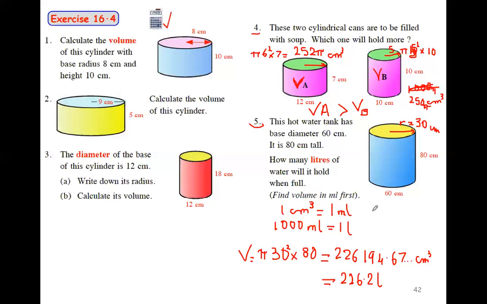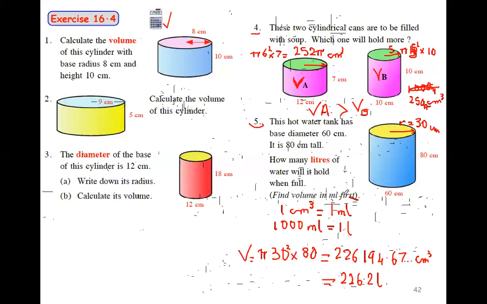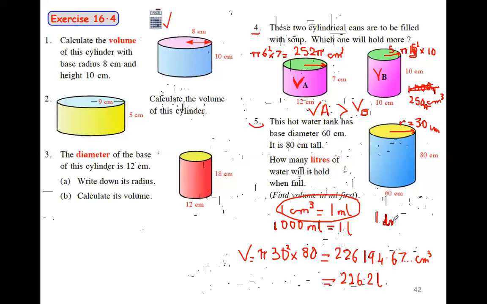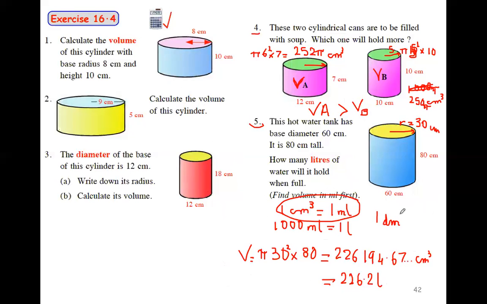So again, volume in liters is important to know. You need to know that prior, that 1,000 milliliters is a liter. It's obviously basic, like 1,000 meters is 1 kilometer. 1,000 milliliters is 1 liter. The bit that you probably need to learn is 1 centimeter cube is 1 milliliter. And at primary, when we were in France, because we use the Latin word, 1 decimeter cube is 1 liter.